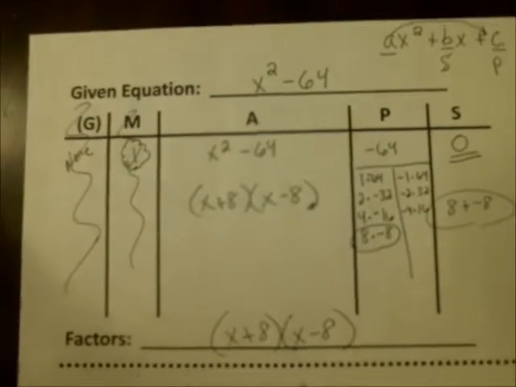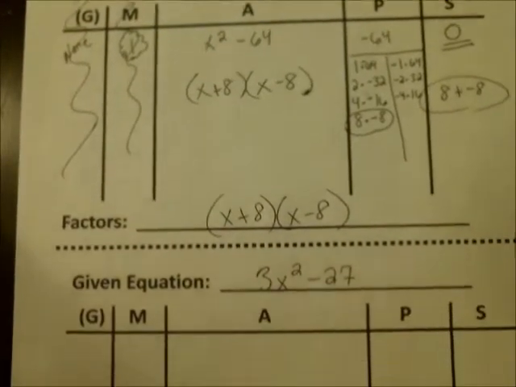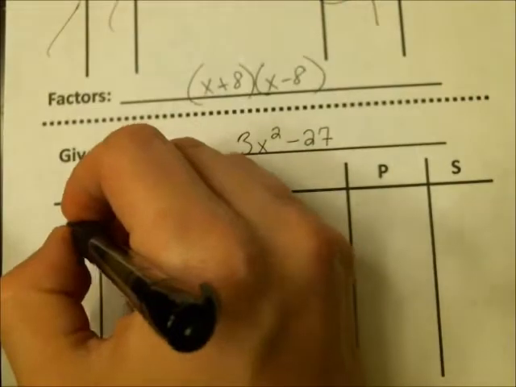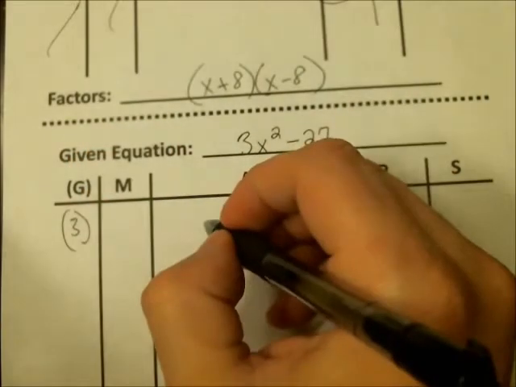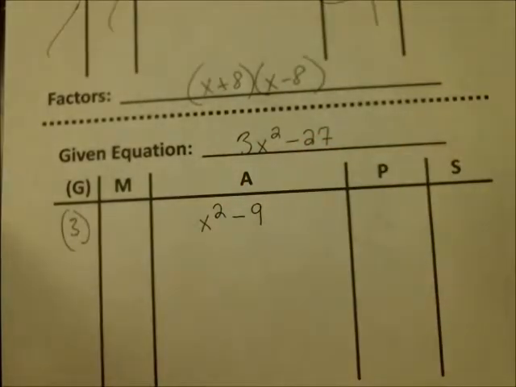Now, let's do one that's a little bit trickier though, a trickier binomial. 3x squared minus 27. There's a GCF. I can tell you that right now. Pause the video, find the GCF. Okay. All right. Hopefully you found the GCF is 3. And then if I write the remainder, it should be x squared minus 9.